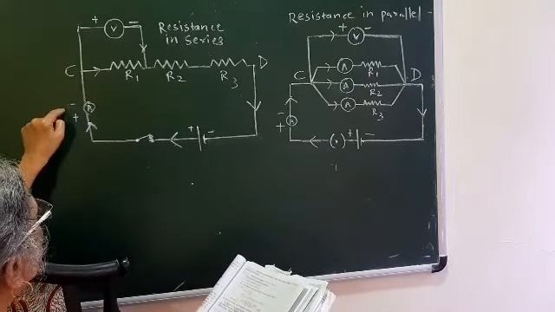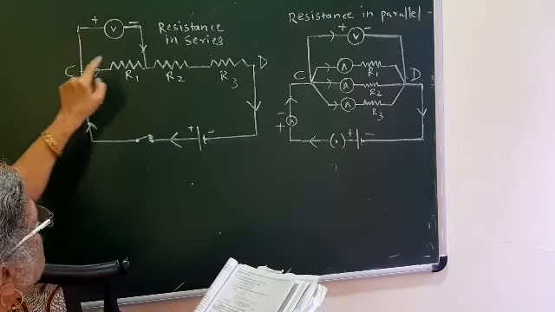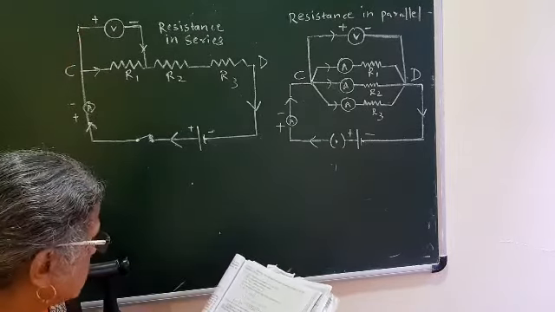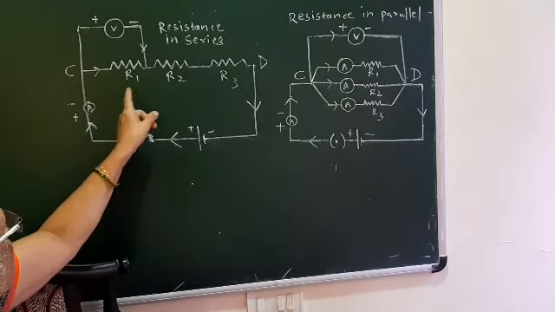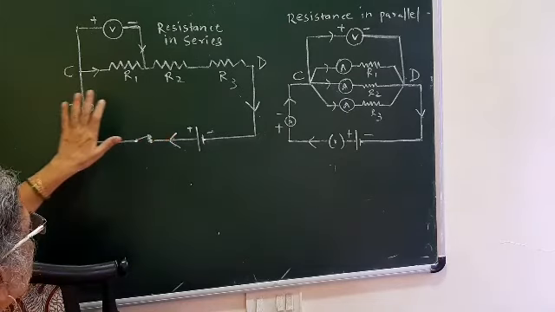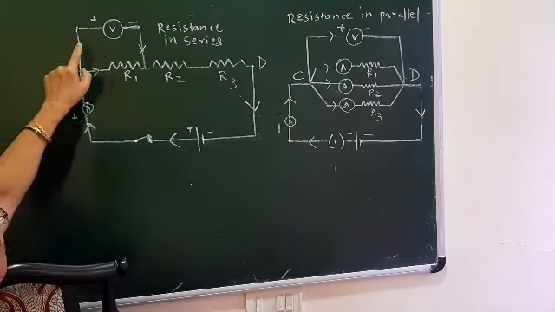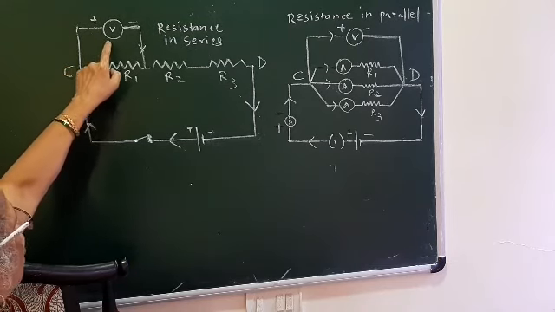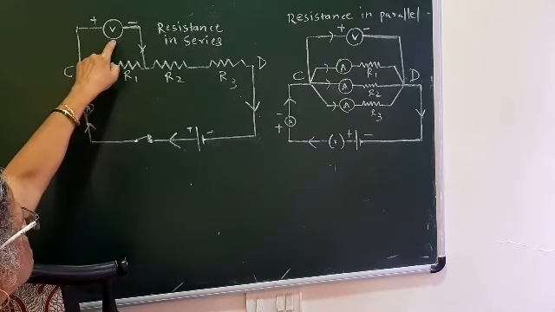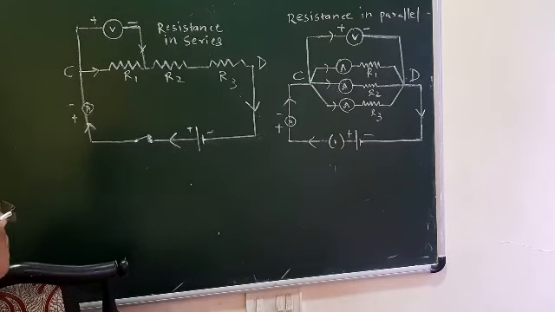Now R1, R2 and R3 are the three resistances, I is the current flowing through them, which is the same, and V is the potential difference between C and D. As the current flowing through all three resistances is the same, we are not going to measure it separately; we get the value of current in ampere directly in the ammeter. But we are going to connect the voltmeter parallel to each resistor. First we connect it parallel to R1 and get V1.